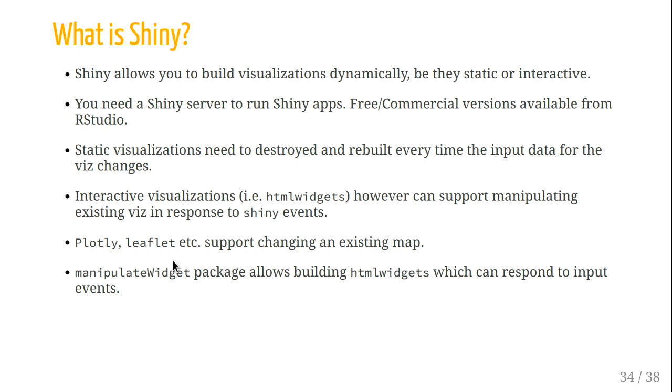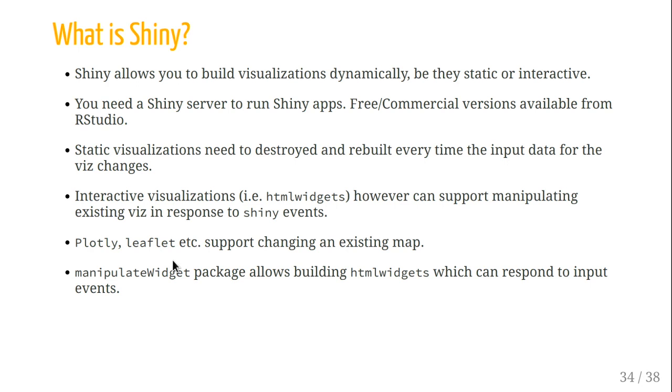Another option to very quickly get started with Shiny, if you don't want to do that whole thing, server.R, ui.R, is a package that's been there for a while called manipulateWidget. It allows you to do that exact same thing that you can do with Shiny, but much more easily.